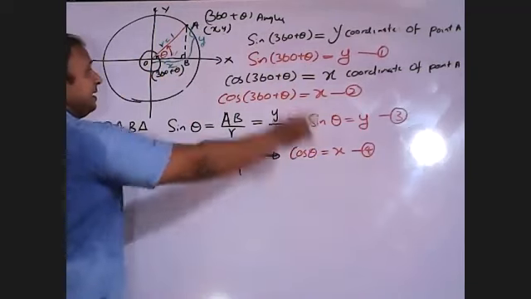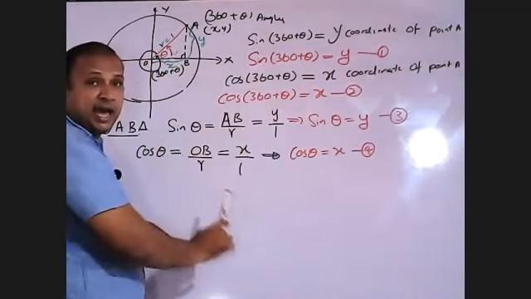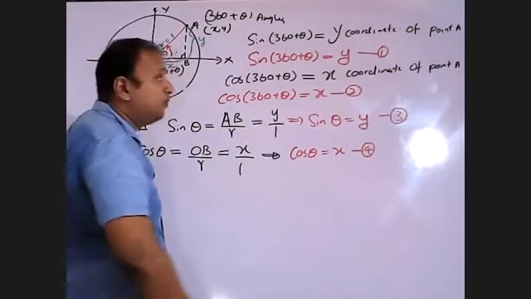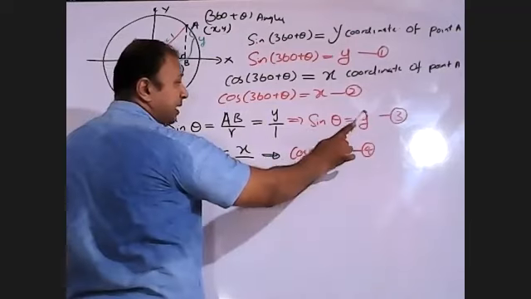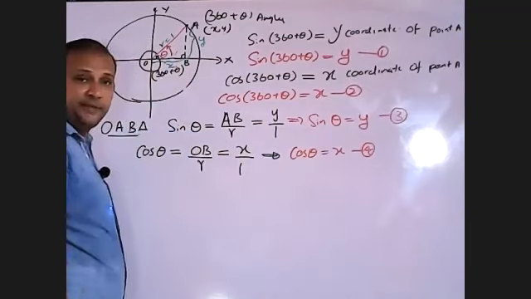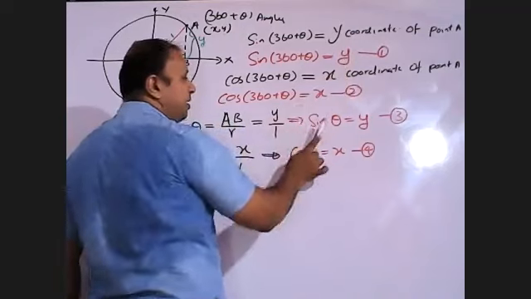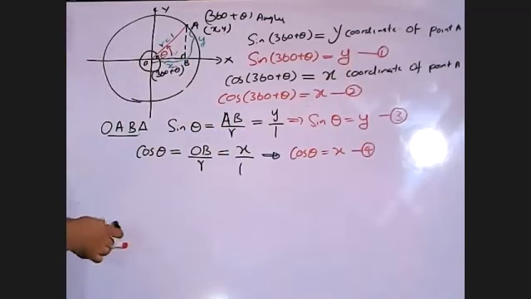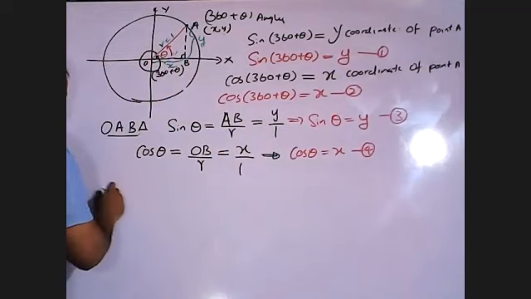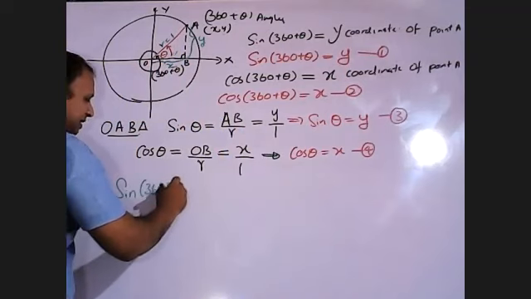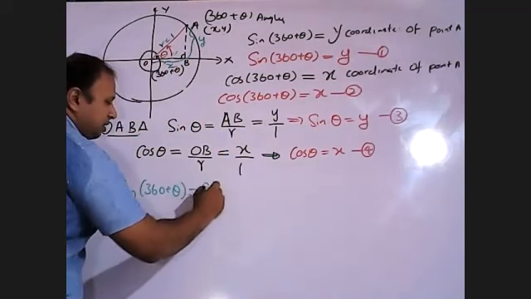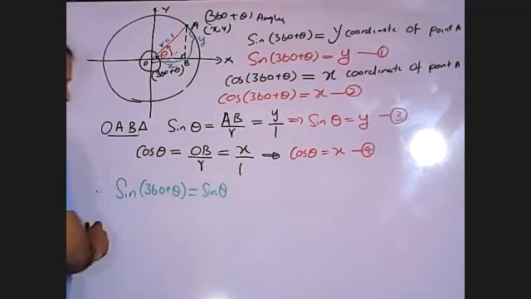Look at this. Sine 360 plus theta is equal to y from equation 1. And from equation 3, y is equal to sine theta. Therefore, you can replace this y by sine theta. Therefore, sine 360 plus theta is equal to sine theta.